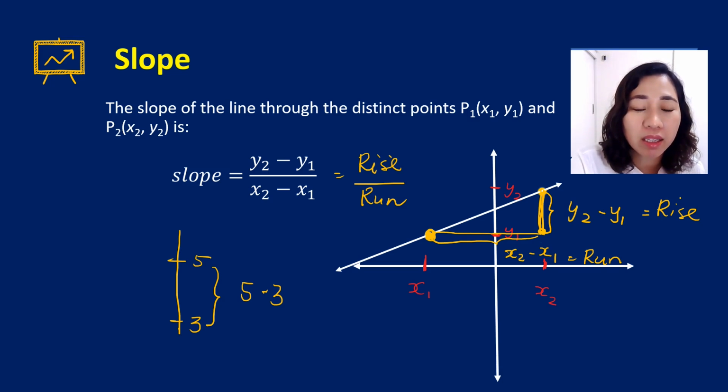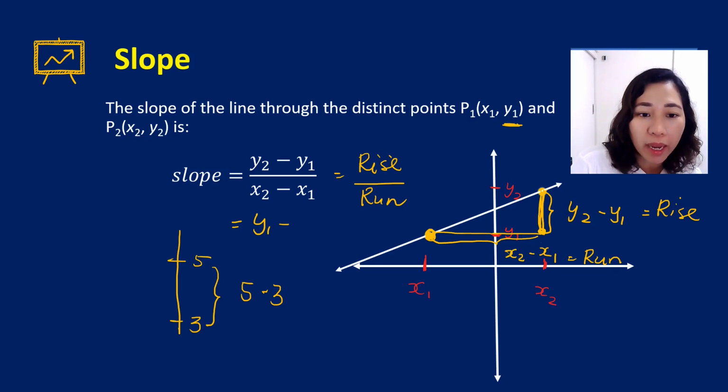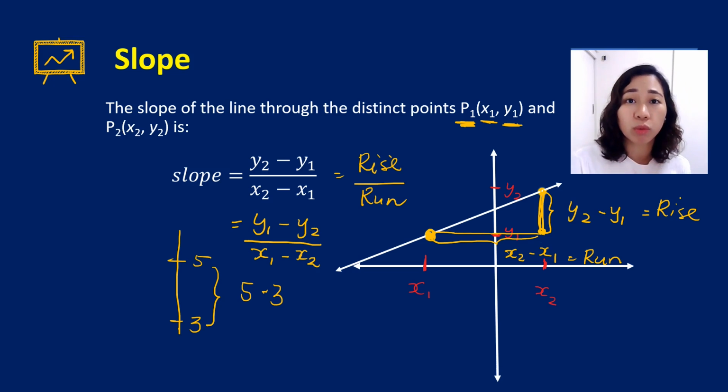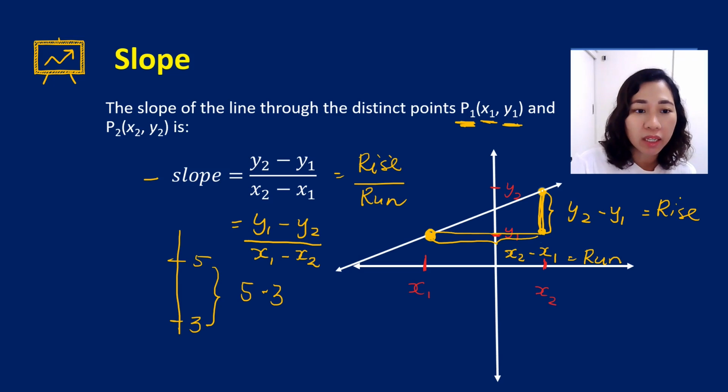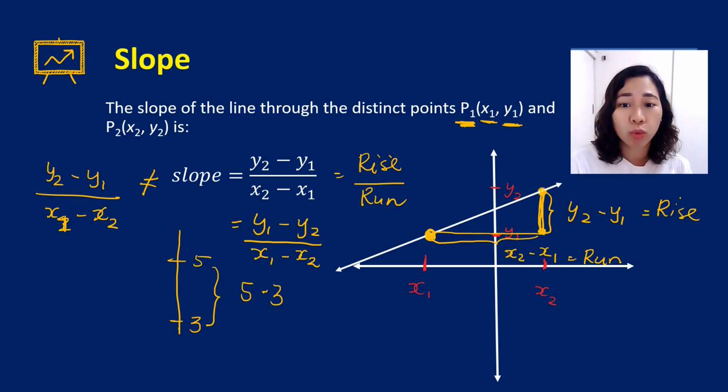For example, if you start with this point P1, if you want y1 minus y2, so that is saying you started with P1, you should start also with P1 with the difference in x coordinate, x1 minus x2. Understand? You cannot interchange the points. You cannot write this as y2 minus y1, but then here you have x1 minus x2. You cannot do that.